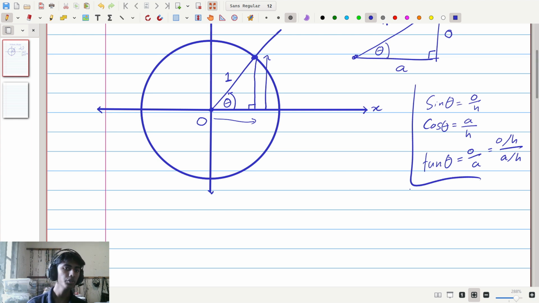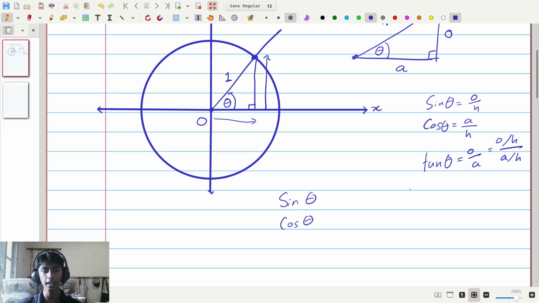Some people might tell you that there's actually 6 main trigonometric functions, and those people are madmen. The other three trigonometric functions they're talking about are, if I just line them up, sine theta, cos theta and tan theta are the ones we just talked about, these three ratios. The other three that those people are probably talking about are cosec theta, sec theta, and cot theta.